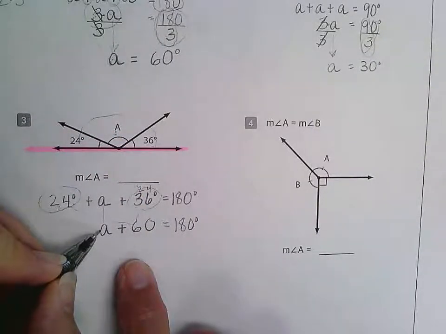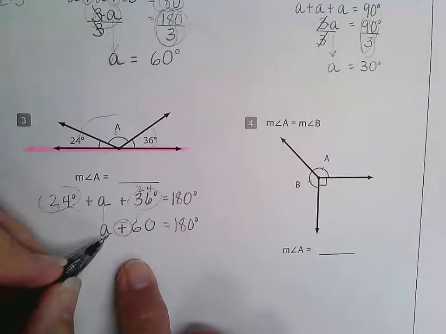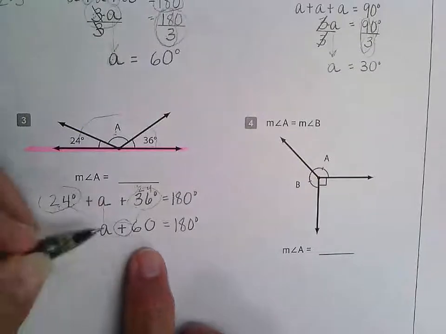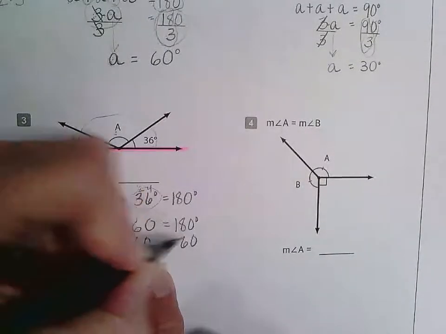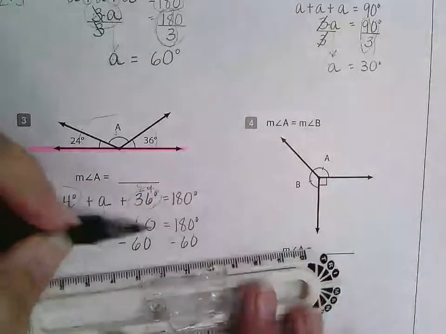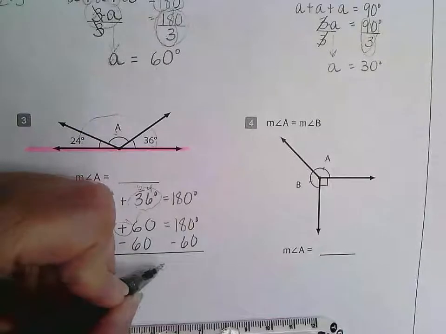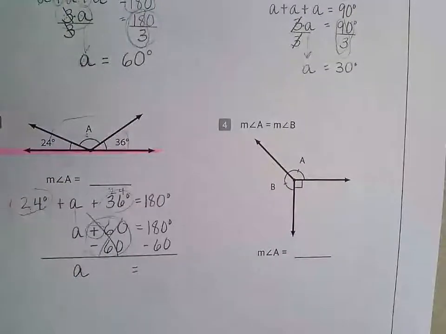Now I can just use the rules I've had before. This is indicating addition. I only want variables on the left-hand side, so I want to do the opposite of addition on both sides of the equal sign. These are going to end up being 0.